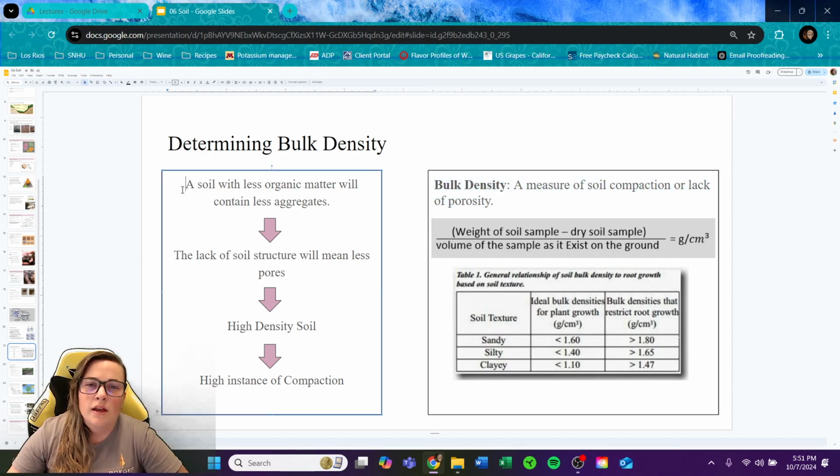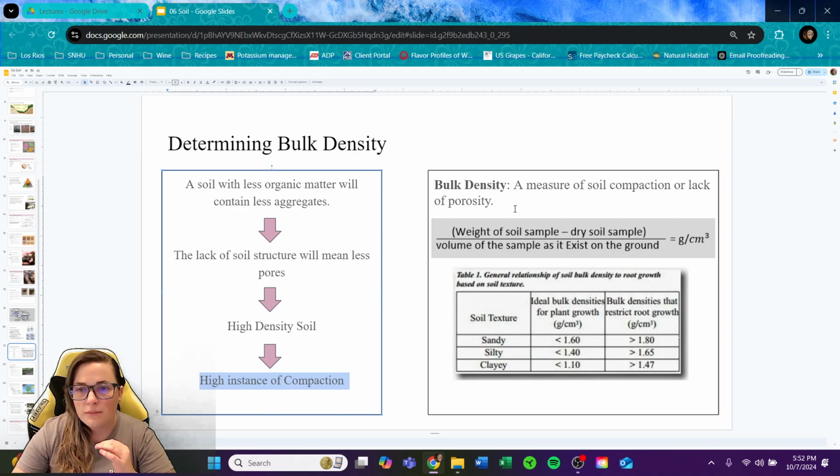So a soil with less organic matter will have less aggregates. A lack of soil structure, aka aggregates, will mean less pores, right? Less pores, high density soil. Very high density, not a lot of pores, which also leads to high incidence of compaction. So not a lot of water flow, not a lot of air, not ideal for plants.